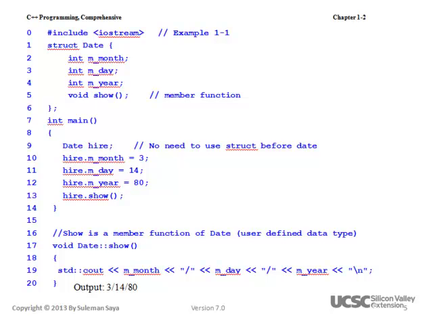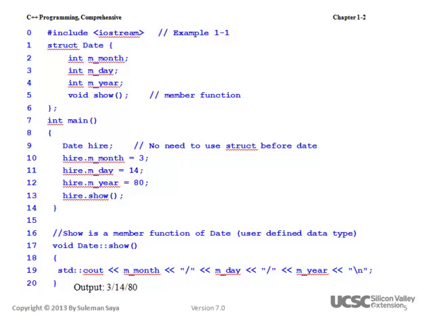To have that access, I first must have the memory allocated, and that's why at line number 9 we allocated the memory for that particular object. So now at line number 10, I'm accessing that particular memory, whose label is m_month.